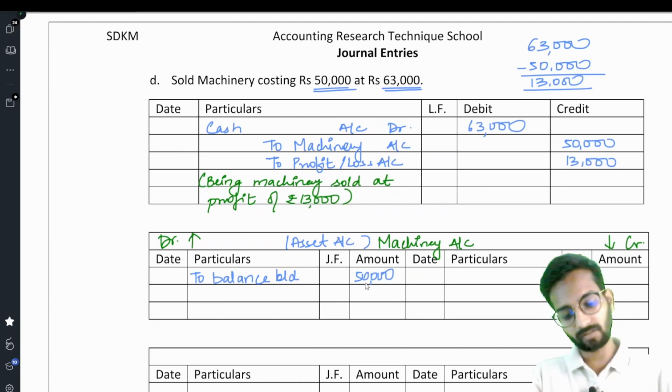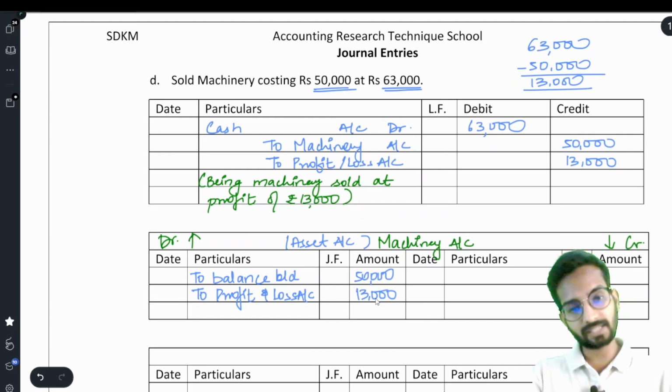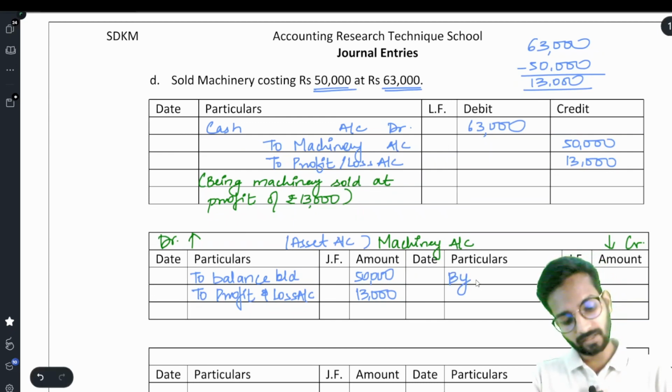Now what will happen? You will write here to profit and loss account 13,000, and then when we are selling the machine we will receive how much? By cash account 63,000.